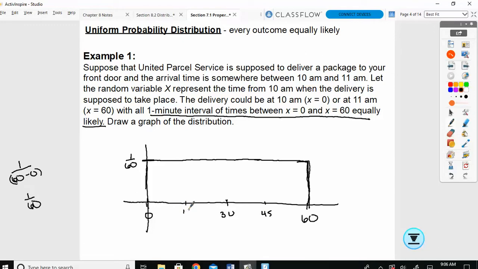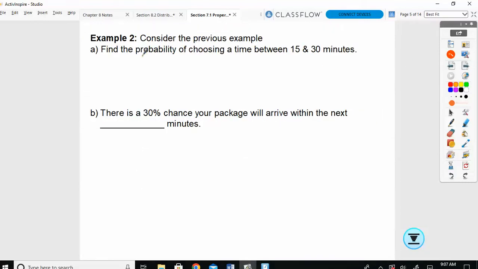But I want the probability that you are between 15 and 30. So the probability is really just the area of that little rectangle. Area of a rectangle is length times width. So how long is this rectangle? 15. And we get that by doing 30 minus 15 is 15.